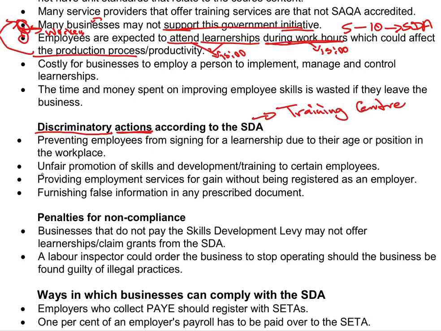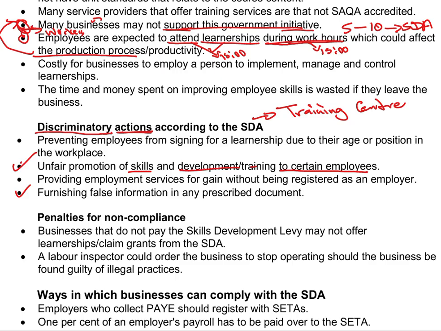Let's try to take the shorter ones. The first one says unfair promotion of skills and development training to certain employees. Who wants to explain to us about this one?